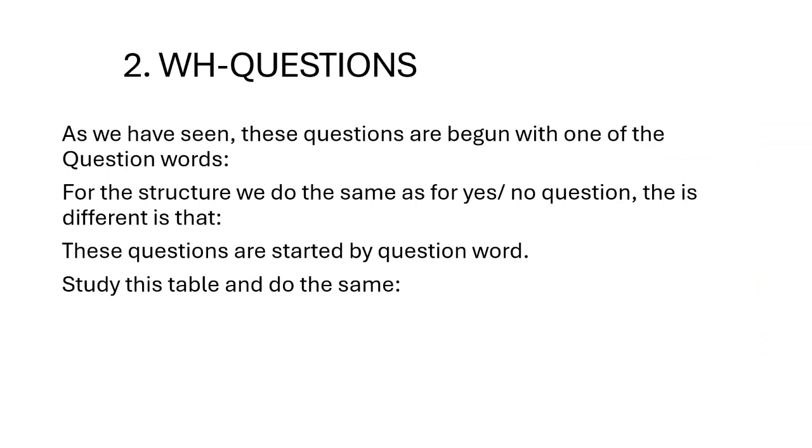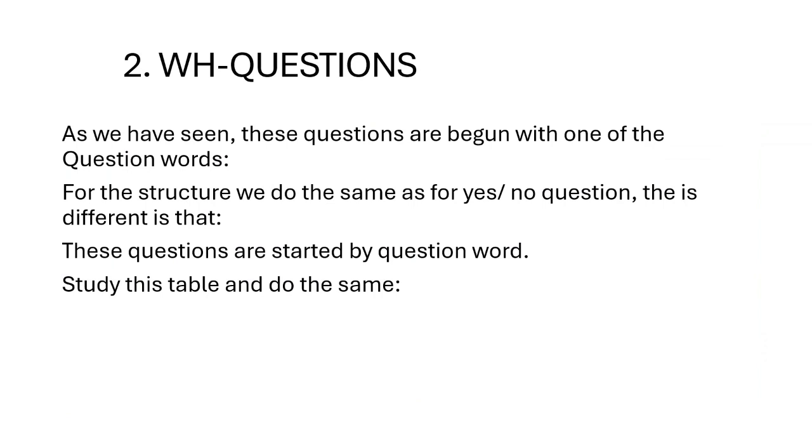As you have seen, the type of questions number 2 is WH questions. As you have seen, these questions begin with one of the question words. For the structure, we do the same as for yes, no questions. There is no big difference.